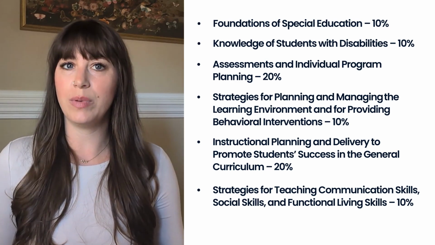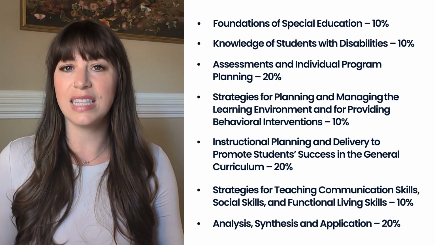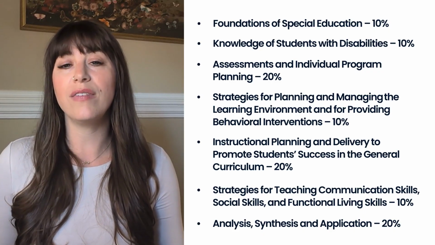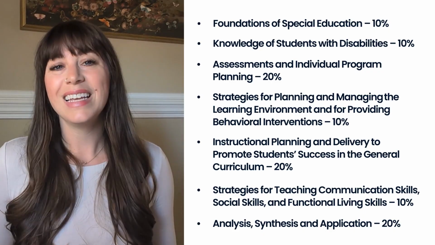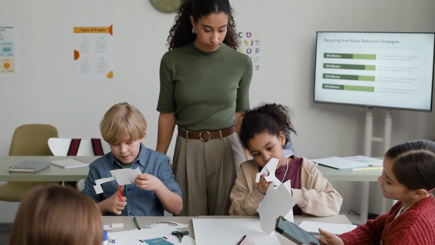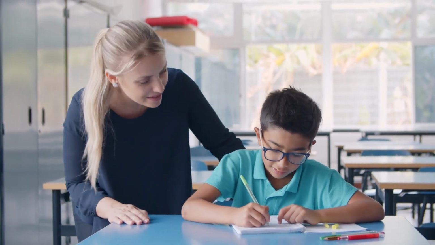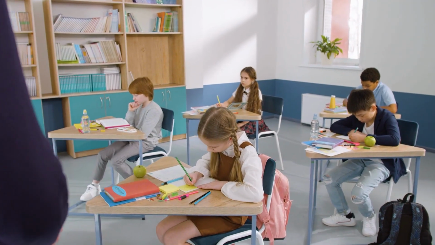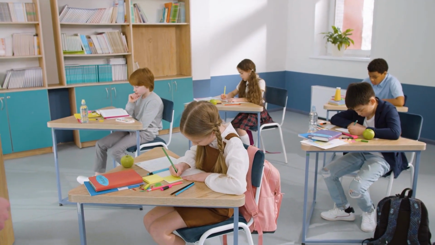The final 20% is made up of Analysis, Synthesis, and Application, where you have to create a written response. Each section is carefully designed to assess your knowledge of the best practices for supporting students with disabilities and to help ensure you're prepared to meet the needs of every learner in your future classroom.